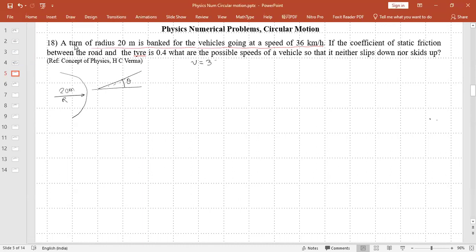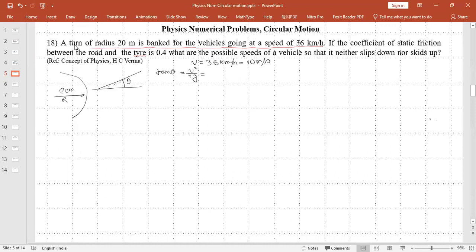Speed is 10 meter per second. I've earlier seen in many cases 36 kilometers per hour max. And also we know that for road banking, tan theta is equal to v square by Rg.